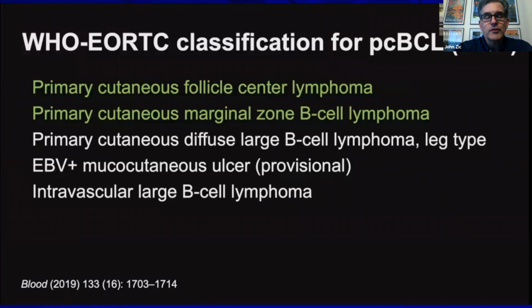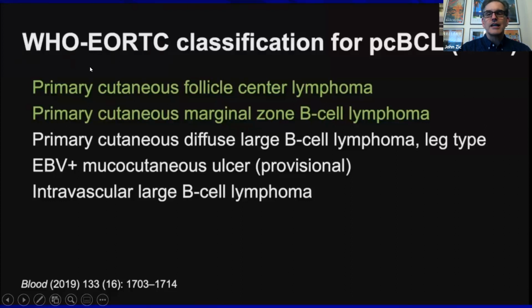And for those of you that haven't seen the list, it's actually fairly small compared to the list of the types of cutaneous T-cell lymphomas. And this abbreviation up here is primary cutaneous B-cell lymphoma. And the WHO EORTC stands for the World Health Organization, European Organization for the Research and Treatment of Cancer.